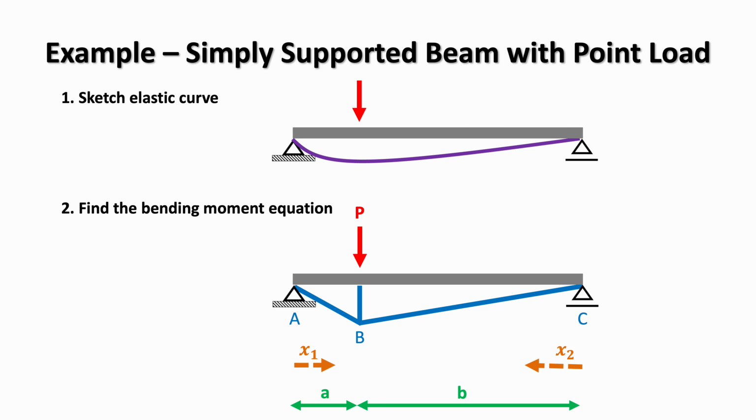In each region, coordinate x is measured in a consistent direction along the beam, and we must be clear about where x is defined in each region. These choices matter because the bending moment expressions and later the deflection equations depend directly on how x is defined. As we did previously in this example, x1 goes from A to B and x2 goes from C to B.